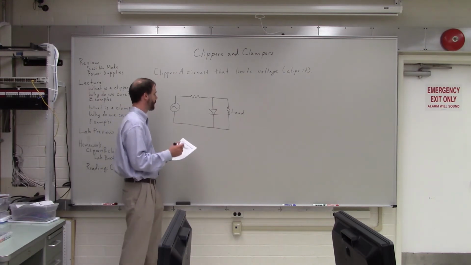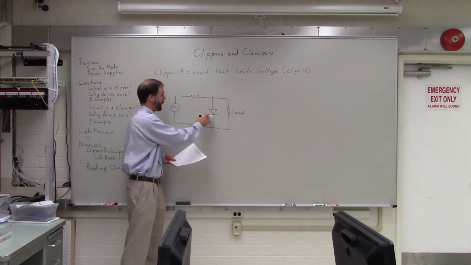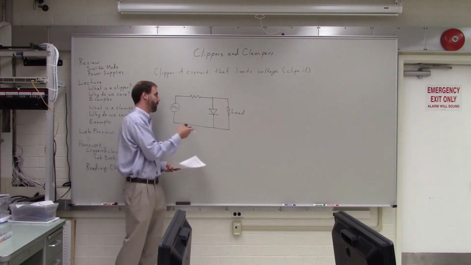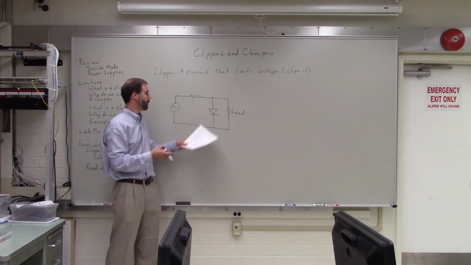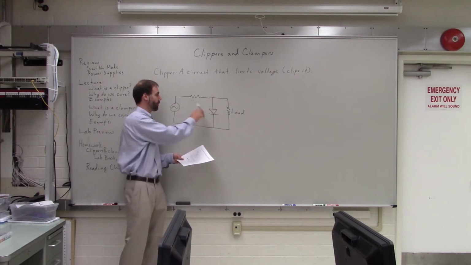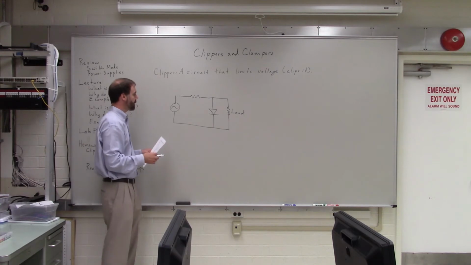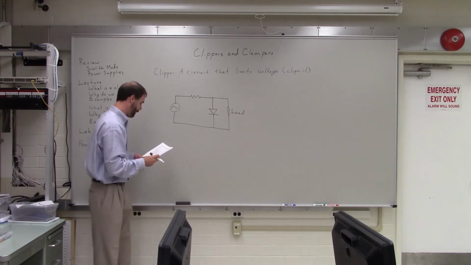This is just a regular diode that's forward biased, but you could imagine you could have a clipper circuit that worked with a Zener diode that was reverse biased as well. So in this case, let's see what happens.